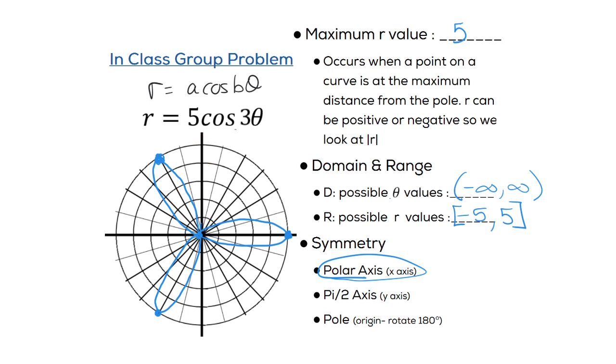These two petals do not flip over and land on top of the other side properly. Also, if I rotate it 180 degrees, this petal, and we do call these petals, it's a rose petal, is not landing on top of itself. So this has polar axis symmetry. Now our goal is to decide, as I start changing this 5 and this 3, what happens to the graph and what happens to all this info over here?